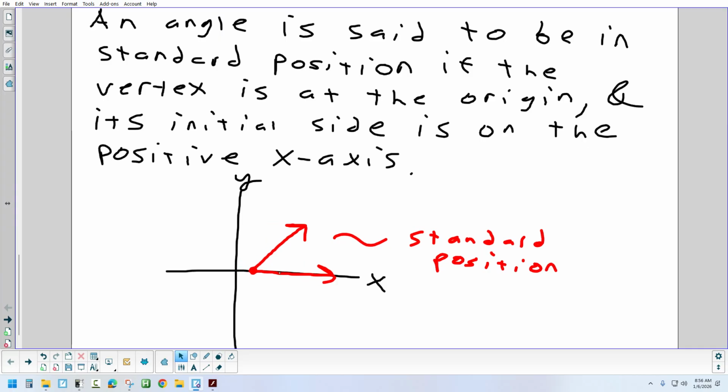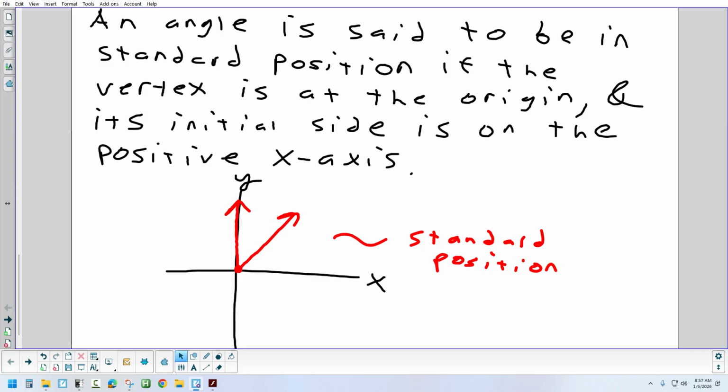So if I did this, is that angle in standard position? No, it's not. Why not? The vertex is not at the origin. So that's not standard position. How about if I did something like this? Is that standard position? No. The vertex is at the origin now, so that's good.